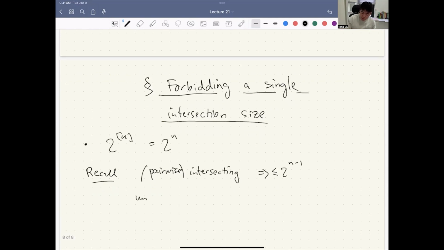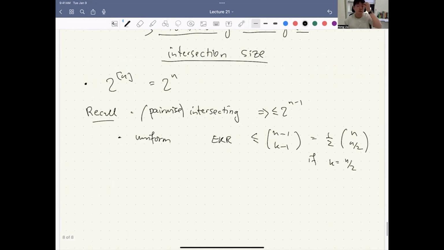And even in the uniform setting, we have Erdős–Ko–Rado saying you are at most n minus 1 choose k minus 1. But if, let's say, k is n over 2, half of it, this is just 1/2 of n choose n over 2, which is easy to compute. But what is this size? This is the middle layer of the hypercube.